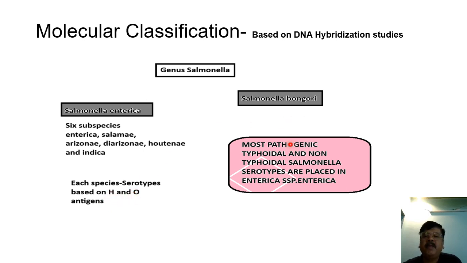Salmonella bongori is another group in the genus. Most pathogenic typhoidal and non-typhoidal Salmonella serotypes are placed in the subspecies enterica. So this is the molecular classification based on DNA hybridization studies.